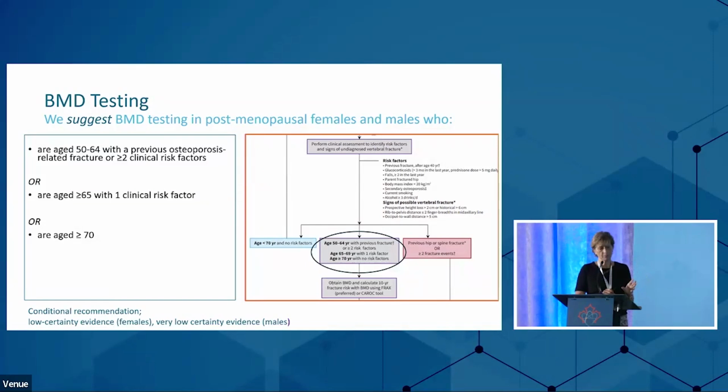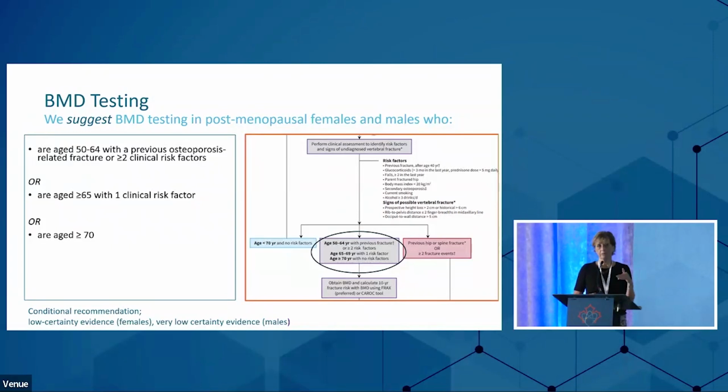So we're a bit more prescriptive here. Those aged 65 still have to have at least one clinical risk factor among the ones we're showing, which includes falls, I should say, and falls are not incorporated in FRAX. And then there is universal screening for people over the age of 70. Previously this universal screening was at the age of 65, but now it's above the age of 70. And this is a conditional recommendation.